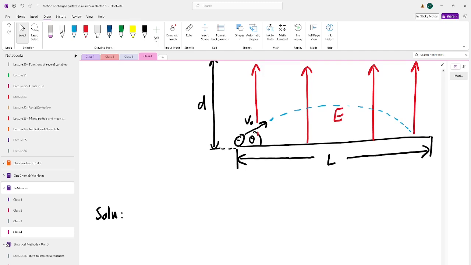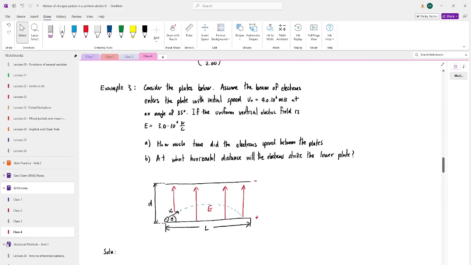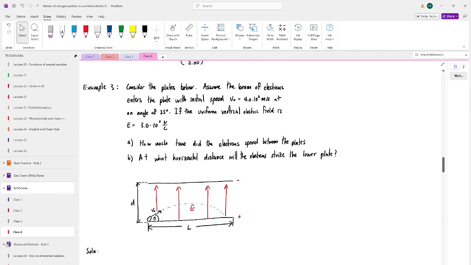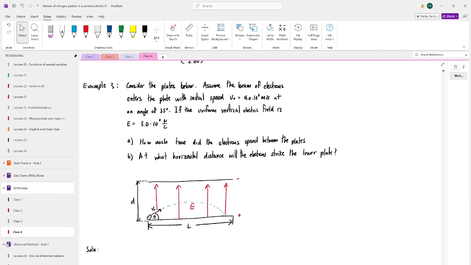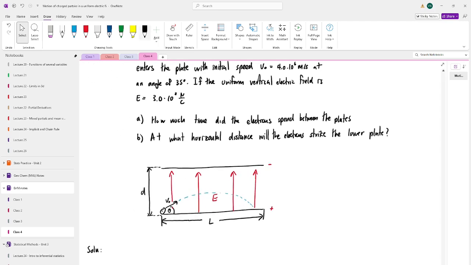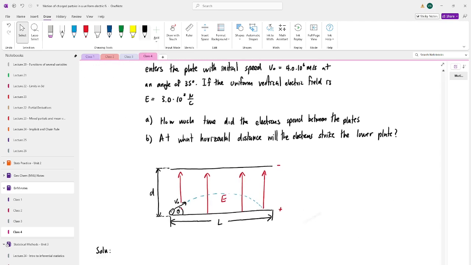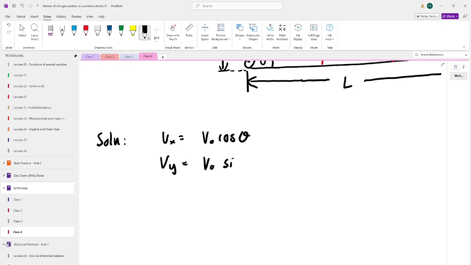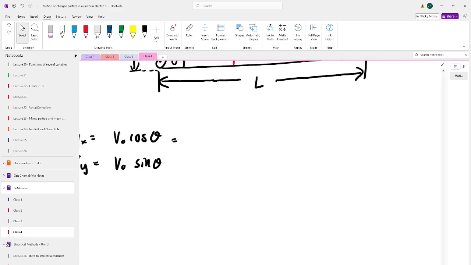Okay. So the first thing we might want to do is convert the velocity into two components, as I was talking about before. They give us the initial speed in a bit of an inconvenient way, so we can split it up. Vx is going to be equal to V0 cos theta, and Vy is going to be equal to V0 sin theta.